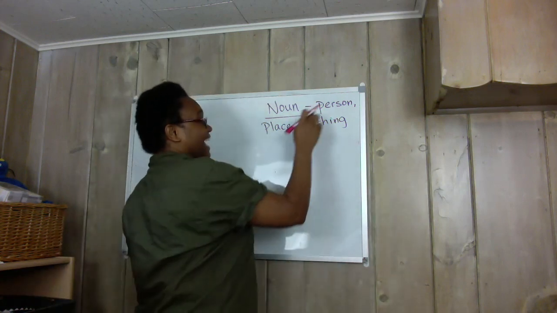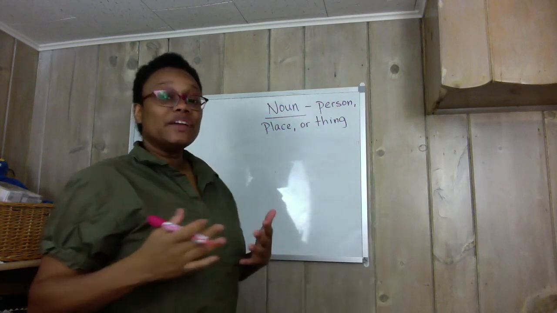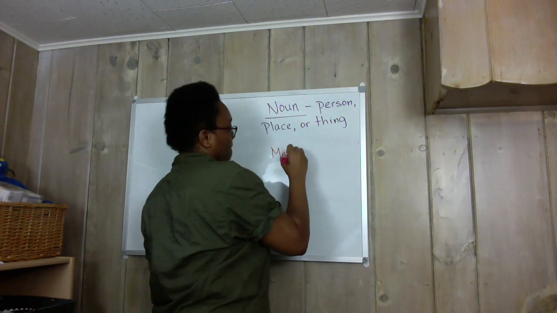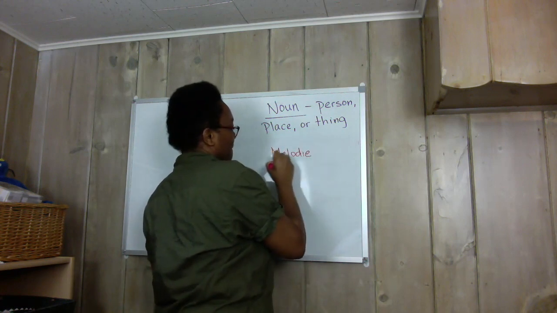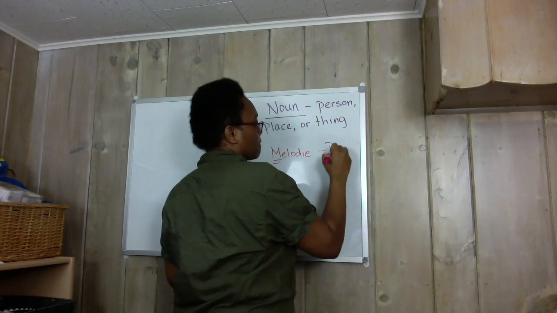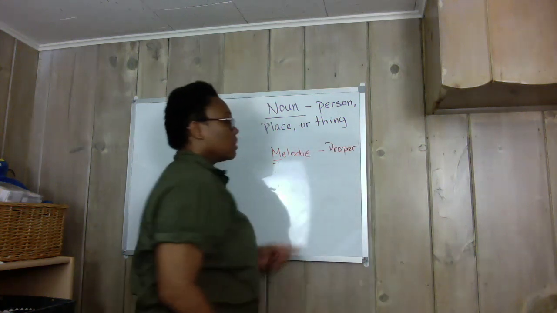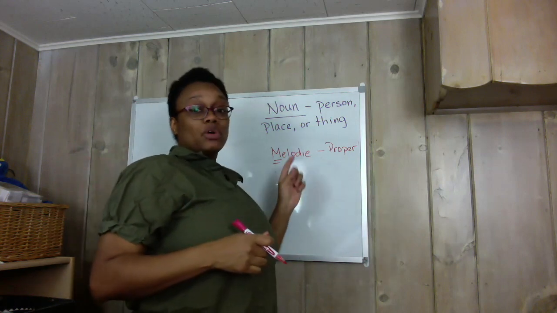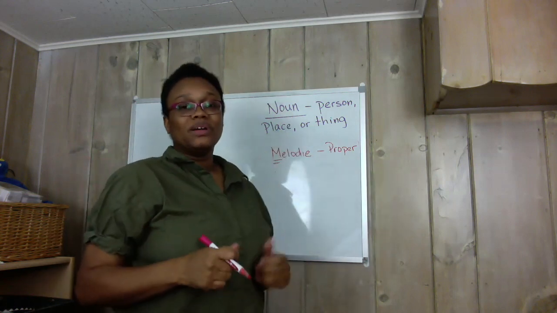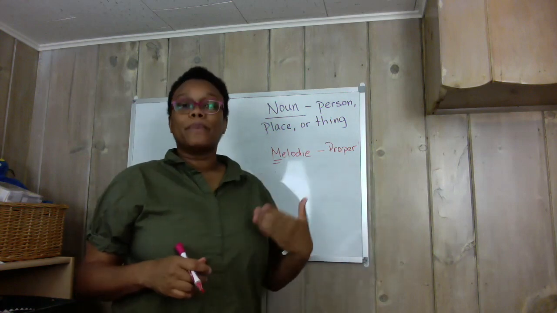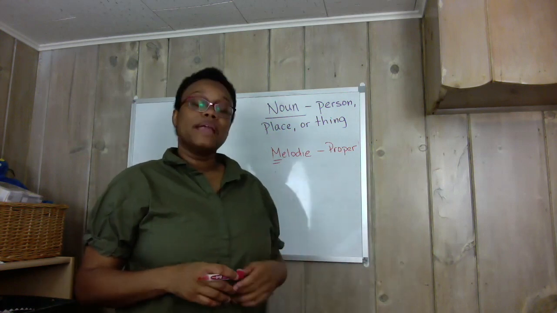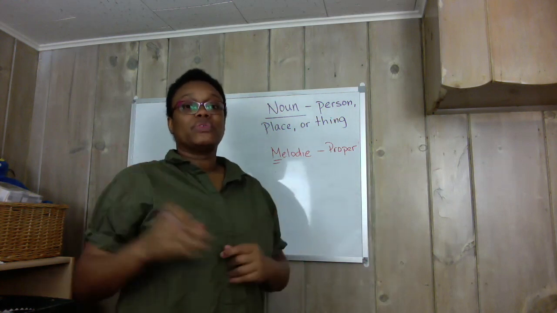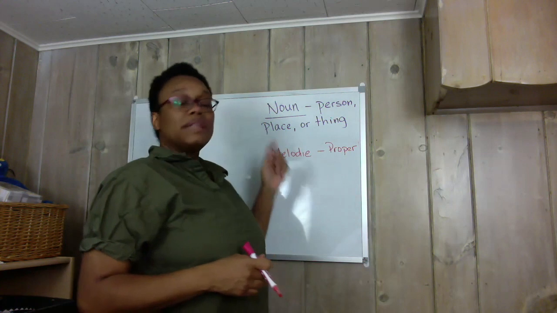Well, if I specifically name a person, like me, Melody, I always write my name with a capital letter, and so do you. Why? Because that's called a proper noun. A proper noun in the English language is a specific person, place, or thing. What about a place?